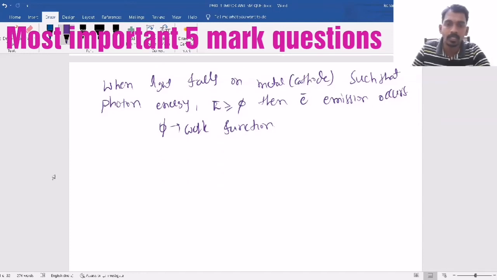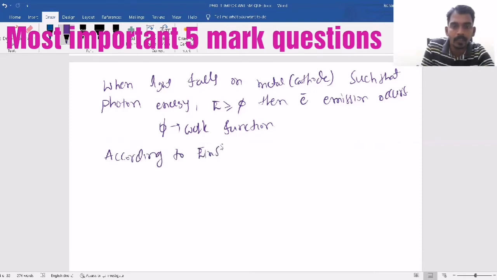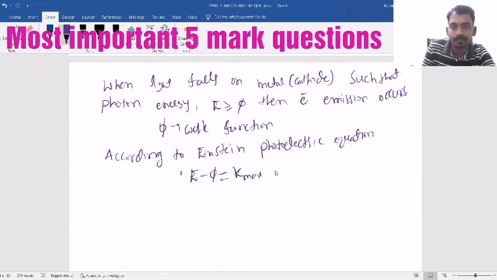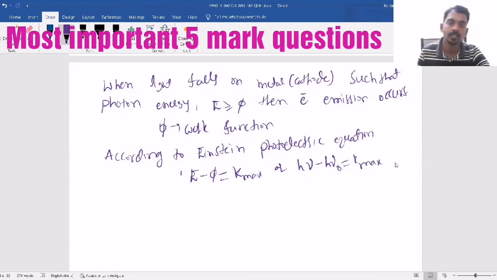So when the photon energy is greater than or equal to phi, then according to Einstein's photoelectric equation, E minus phi equals K maximum, or h nu minus h nu naught equals K maximum.